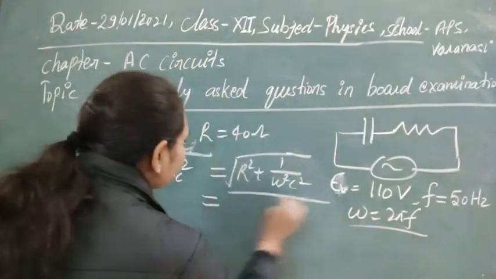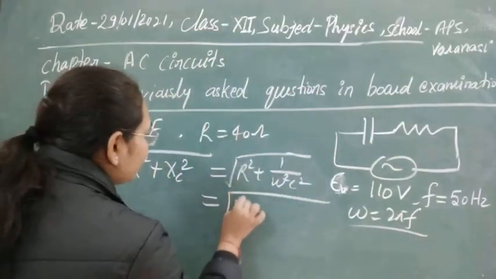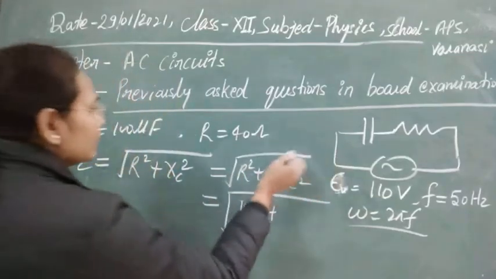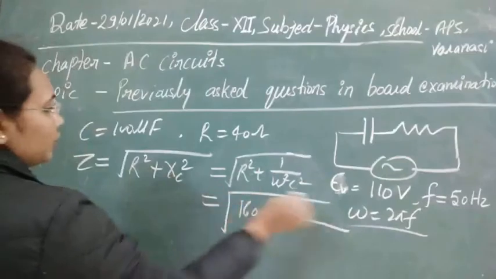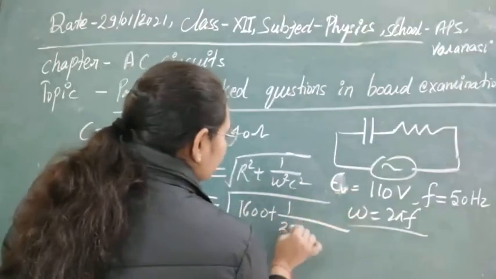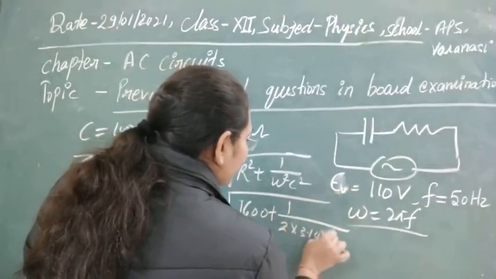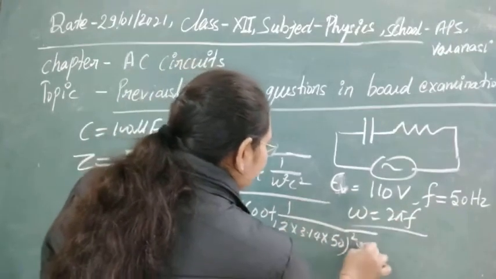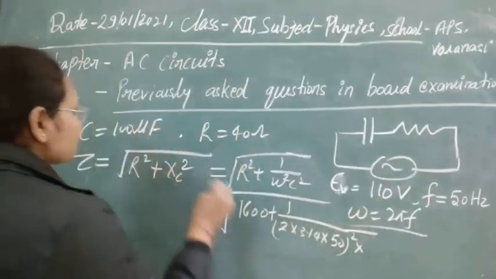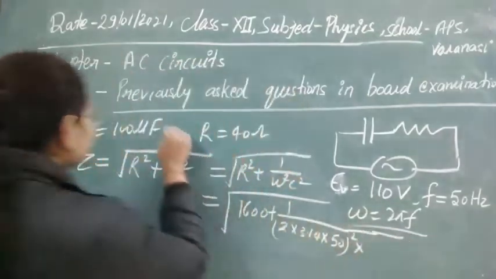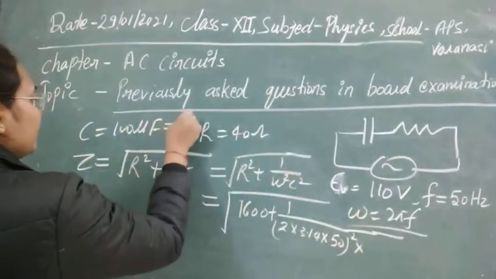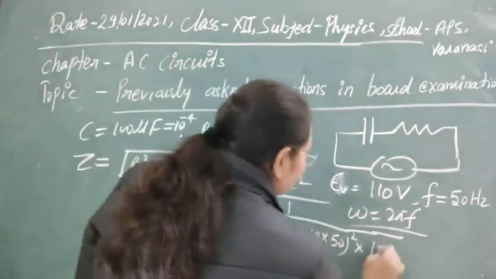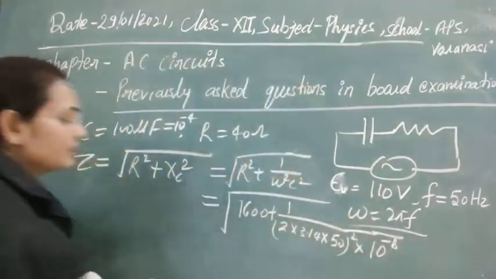Let's put in the values. R square is 1600, plus 1 upon omega square, that is 2 into 3.14 into 50, whole square, into C square. This works out to 10 power minus 4, so we can directly write 10 power minus 8 here.